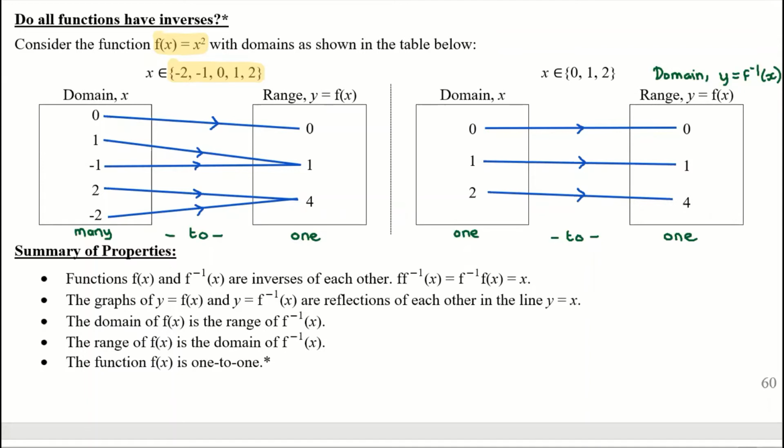And going backwards this way, this would mean that this is the range of y equals f to the -1 of x.